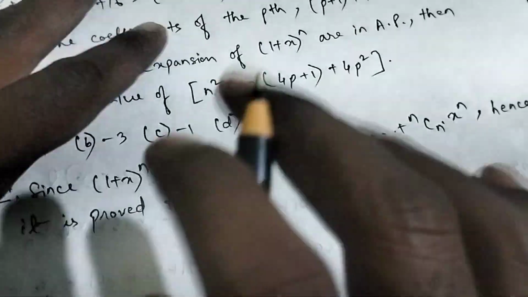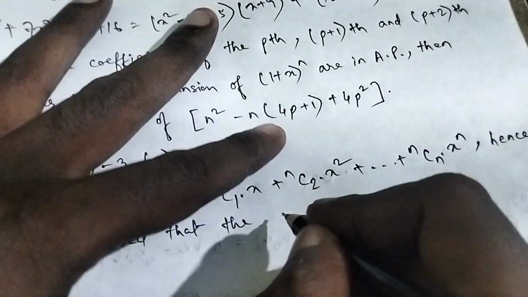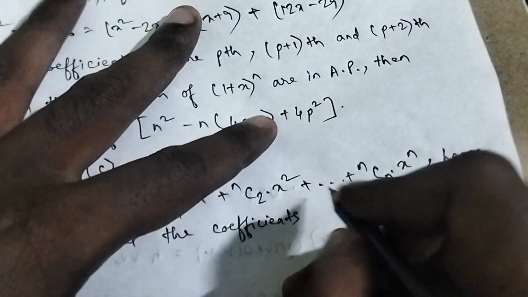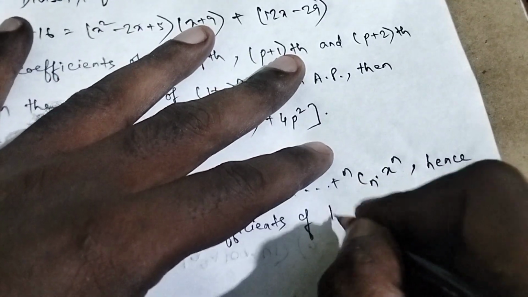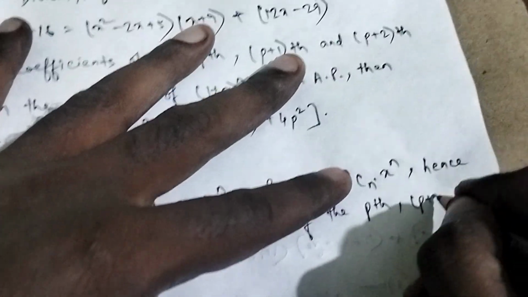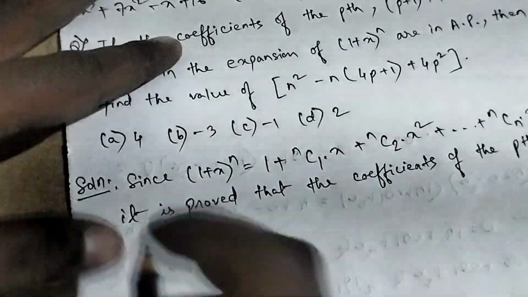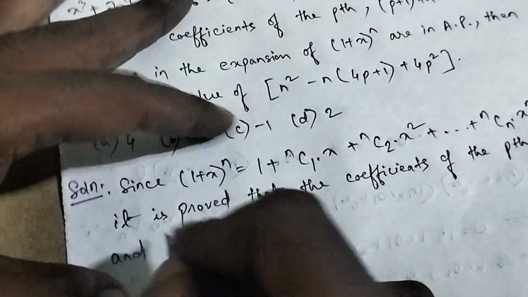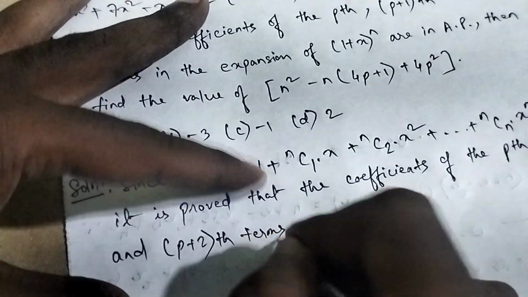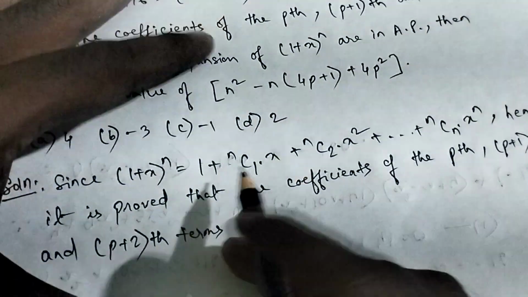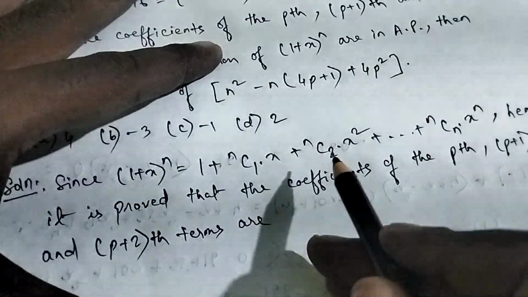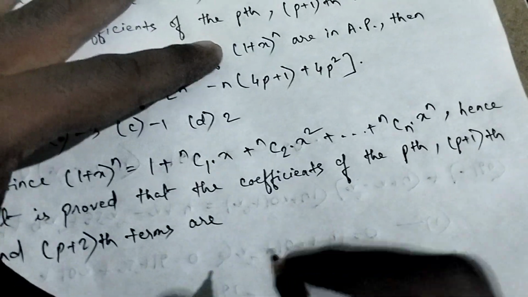So in this way we can say that the coefficients of the pth, p plus 1th and p plus 2th terms are, coefficient of second term is nC1, coefficient of third term is nC2. So what would be the coefficient of the pth term?